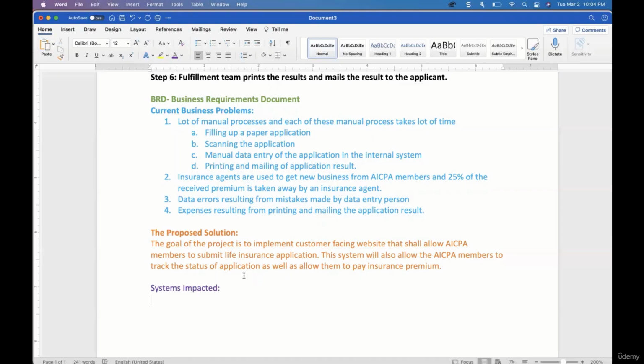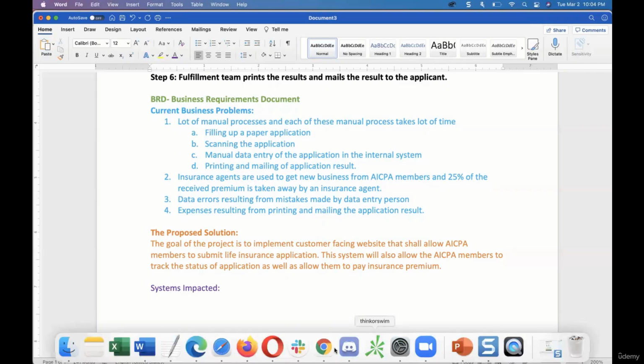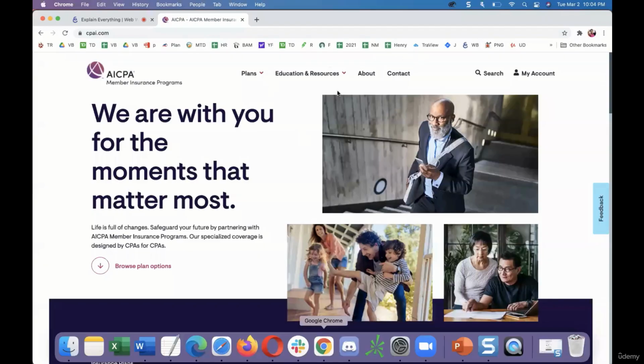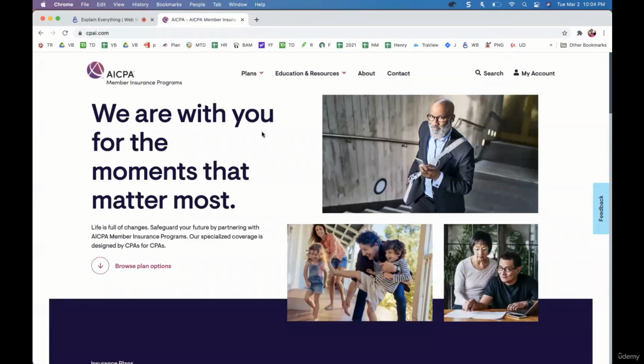Great, I'm liking this. So can you help me understand the flow? What we are doing now is creating a website, an external system. So let's say we created this. Now, once the AICPA member comes here and clicks on submit the application, what would happen to that application?